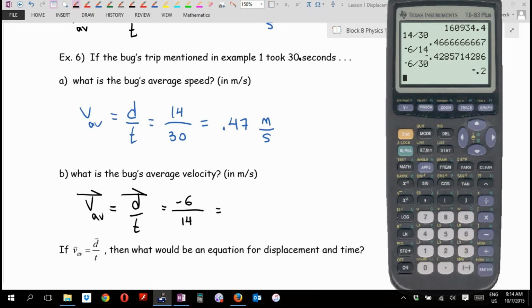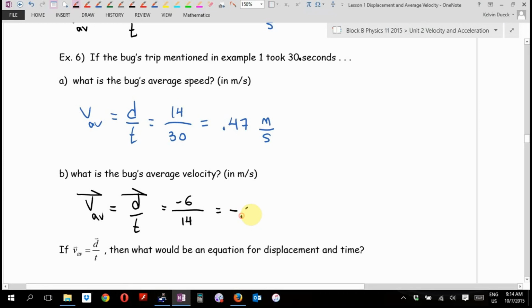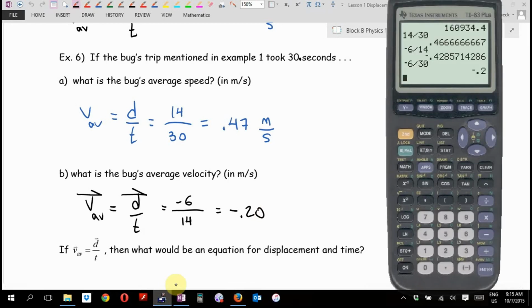Oh, that works out nice. -0.2. By the way, why would that be wrong if I was being fussy on sig figs? If I was supposed to go to 2 sig figs, how would I write that? I would have done that. I'm not going to take marks off, but if you want to add the 0 to say 2 sig figs, sure. Because it did work out evenly. By evenly, I mean it doesn't go on forever.